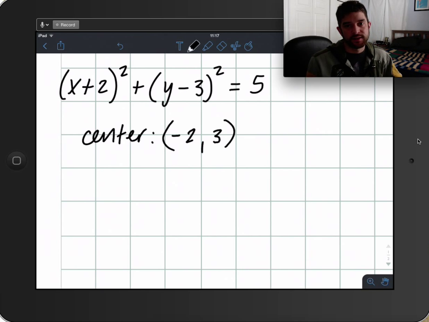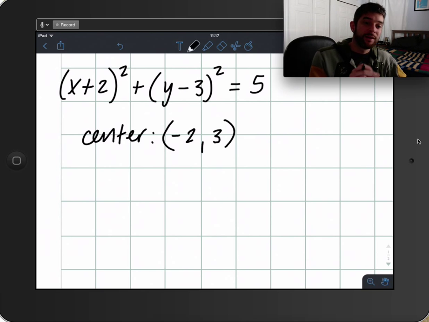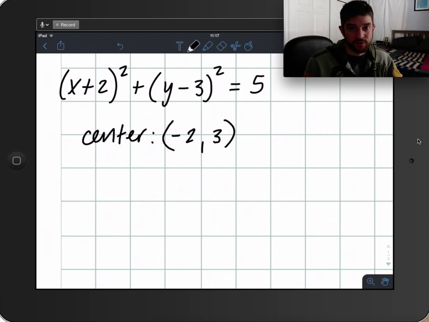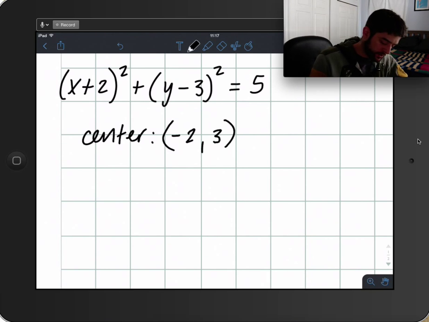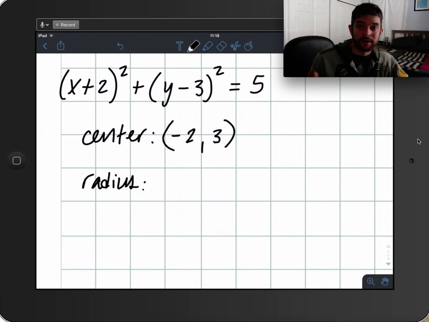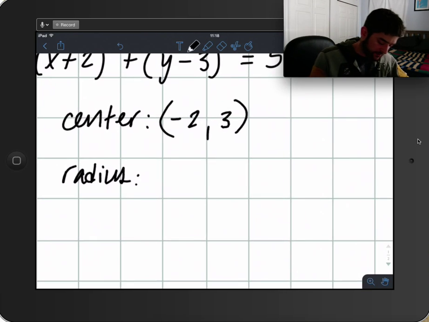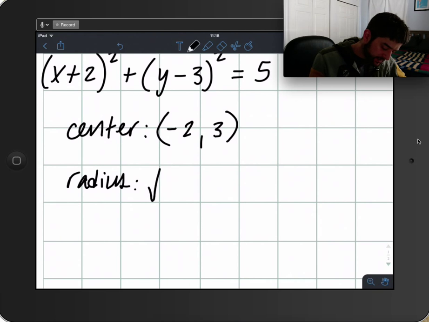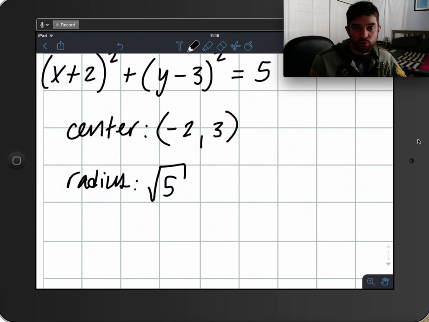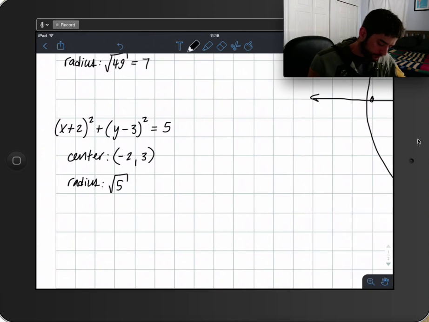The shorthand is it's the opposite of the number inside the parentheses with x and y that will give you your x and y coordinates, respectively. Or it's the x and y value that will make the inside of the parentheses 0. There's a lot of ways to describe it, but the shorthand is it's the opposite of the number with x and y. And our radius is the square root of 5, which is about 2-ish, a little bit more than 2.